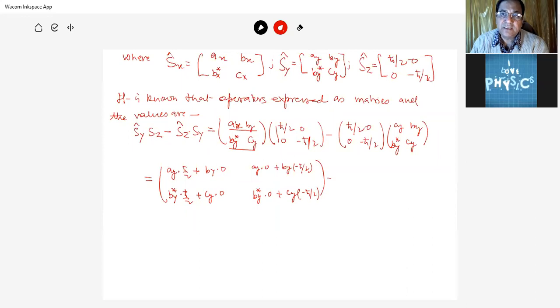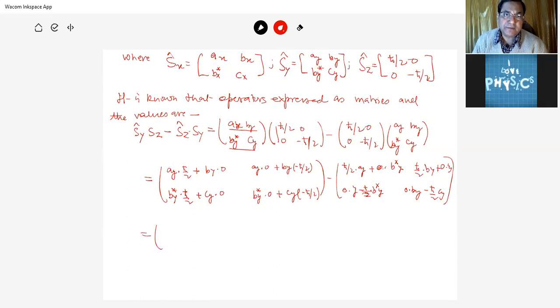One factor. And the other factor is H by 2 into Ay plus 0 into B star y, and H by 2 into By plus 0 into Cy, then 0 into Ay minus H by 2 B star y, and 0 into By minus H by 2 Cy.